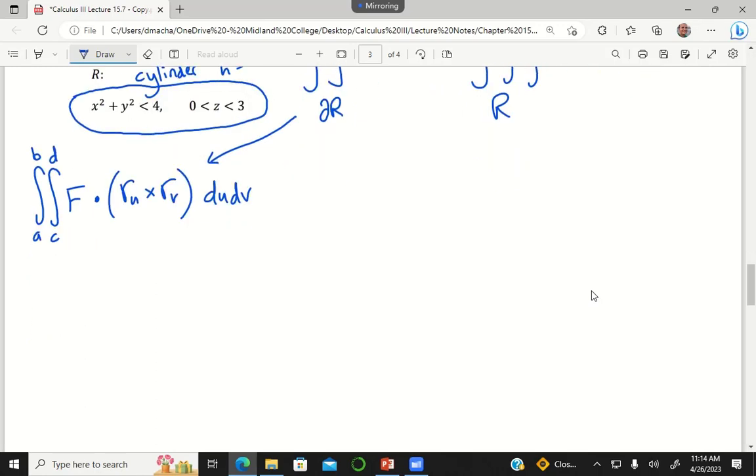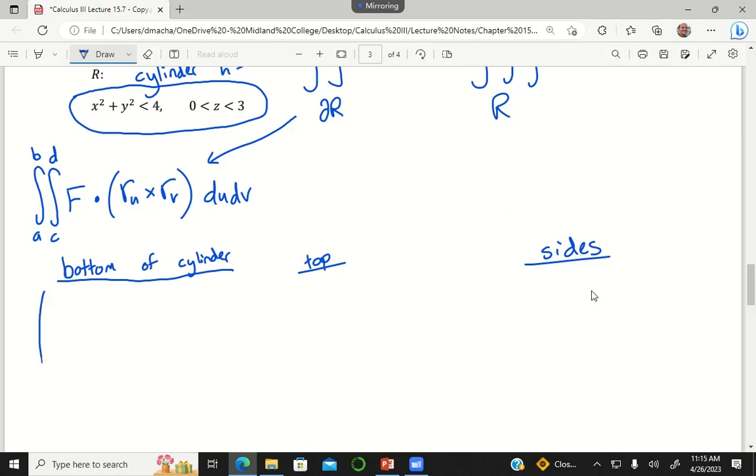Because we have the bottom of the cylinder, we have the top of the cylinder, and then we've got the sides of the cylinder. Okay.